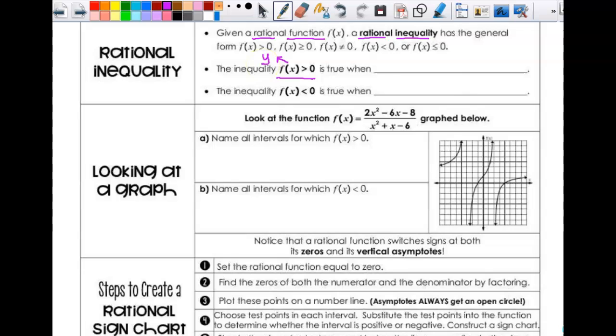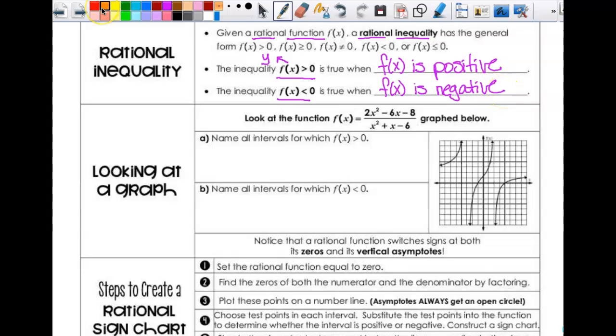Y. Okay, so where my y's are greater than 0, that's true when f of x or y is positive. Remember, anytime you talk about the value of the function, you are talking about the y value. X is not the value of the function, y is the value of the function. So then when it's less than 0, that's when f of x is negative. Okay, hopefully that is glaringly obvious to you.